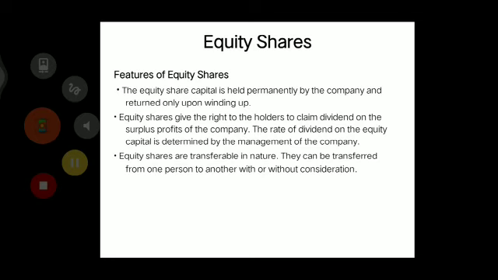Equity shares are transferable in nature, so a shareholder can freely sell them and transfer them to others for a consideration. Ultimately, equity shareholders are the real owners of the company.